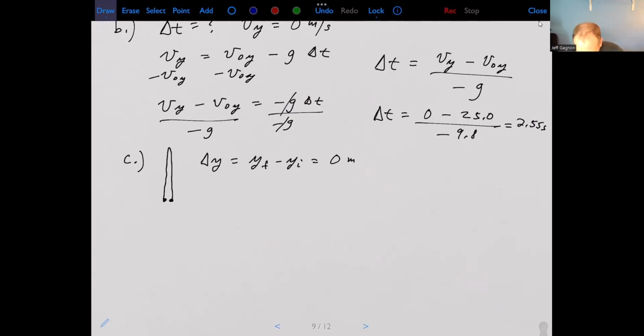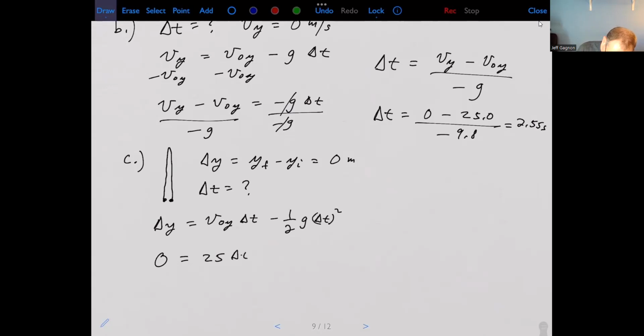Because they end up at the same spot. Now, we're looking for the time it takes for that whole thing to occur, right? To rise to the peak and come back down. Is there an equation where the only unknown is the time that we can solve for and we know all the other variables? Yeah, if you look closely at this equation, we actually know everything in this case, right? I'm just going to plug in values. So I know delta y is 0. V initial was 25. I don't know delta t.